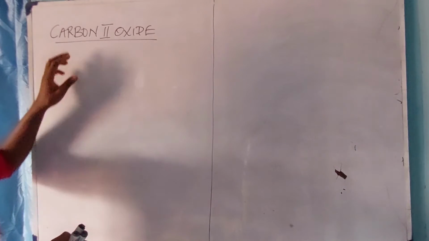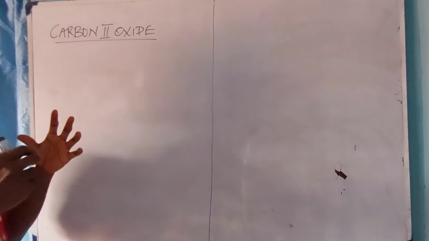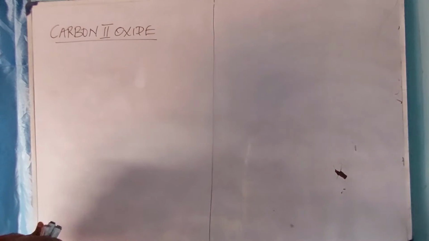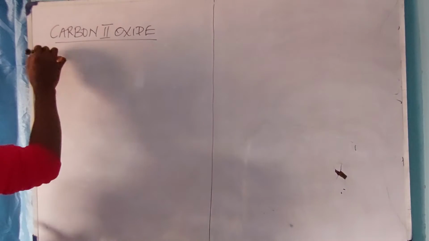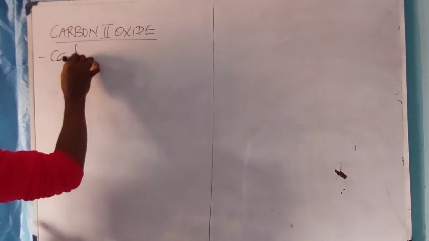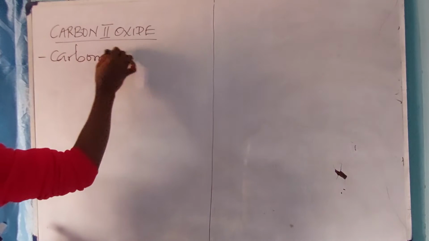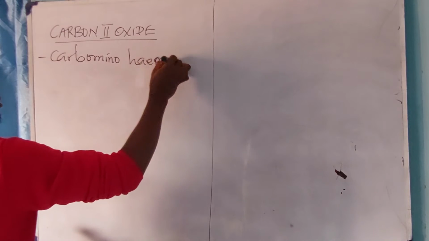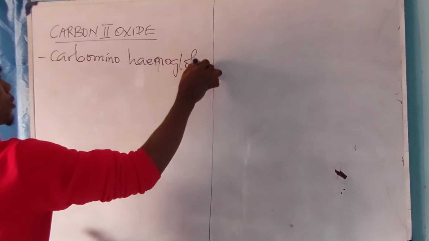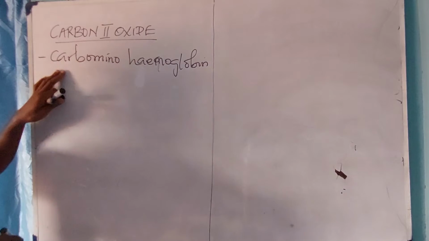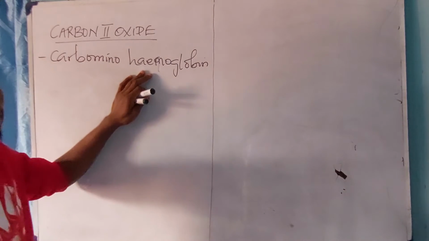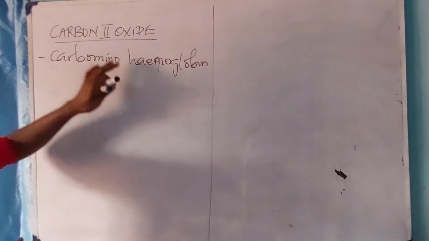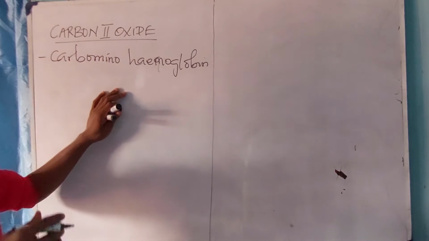That is to say, once this carbon 2 oxide reacts with hemoglobin, it results in what is called carbaminohemoglobin, which is formed as a result of the reaction between carbon 2 oxide and the hemoglobin in the blood.